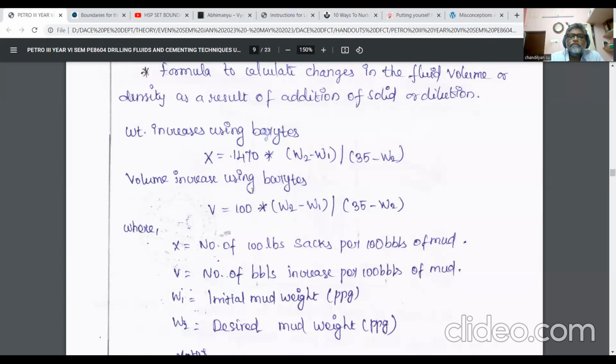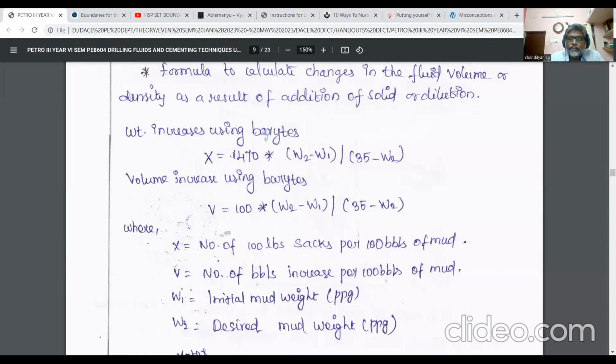If you want to know the volume increase by using barite, the chemical, when you prepare this weight increase, what will be the volume addition? Let me give a local example. Your kid likes very thick coffee, and you add 3 spoons of milk solids to the existing coffee.